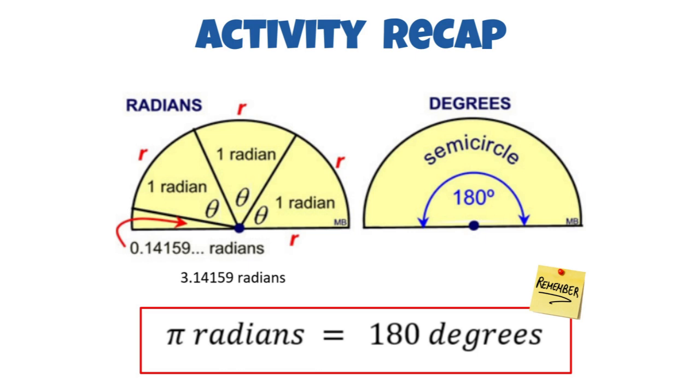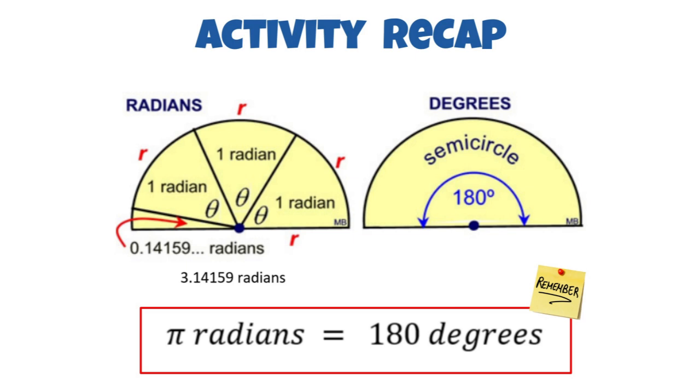Which takes us to this diagram, which is way better than the one I was drawing. This is what you're used to. This is nice geometry. You have a semicircle. It's 180 degrees. Got it. Over here, you had 1, 2, 3, and a little bit more to be equivalent to that.